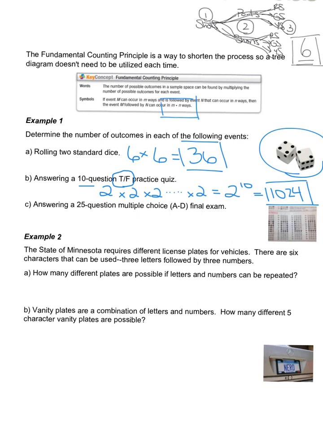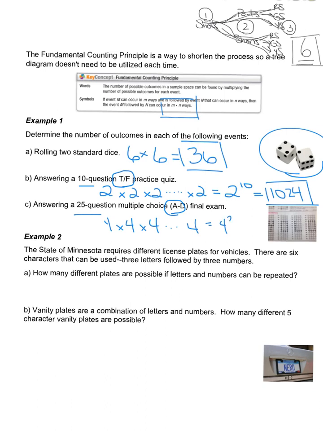Using that same mentality, we have a 25-question multiple choice final exam. If we were in class, this would actually be our final for the year, but you guys don't have to worry about that this year. So we're going to do a 25-question multiple choice test, A through D. So using that same mentality before, there's 4 outcomes on all of these questions.